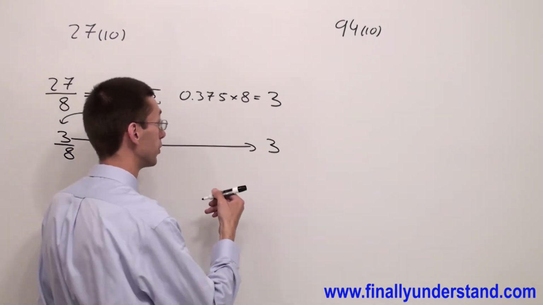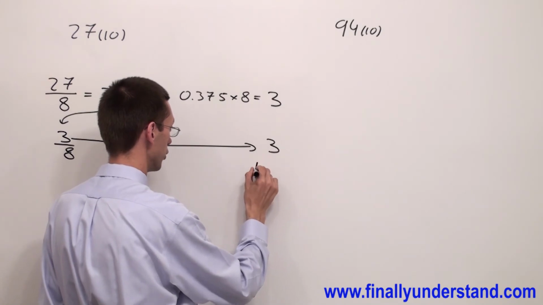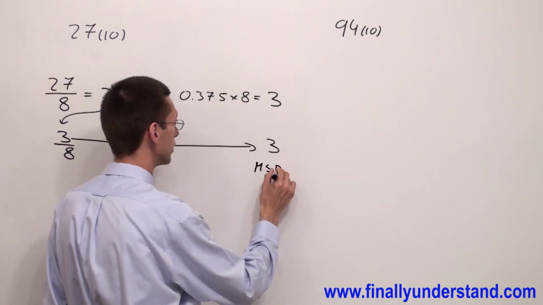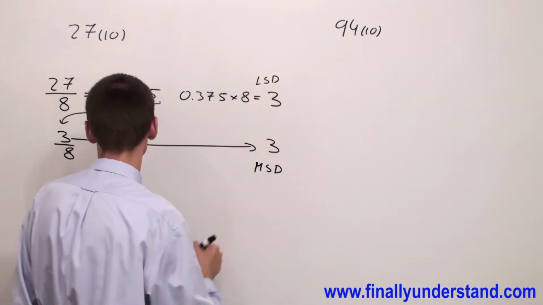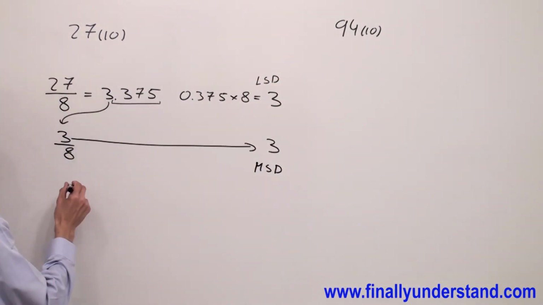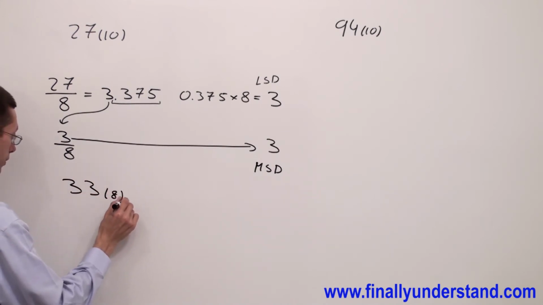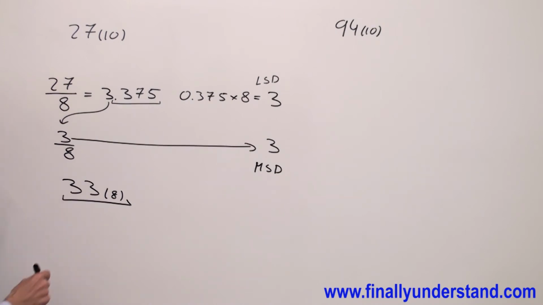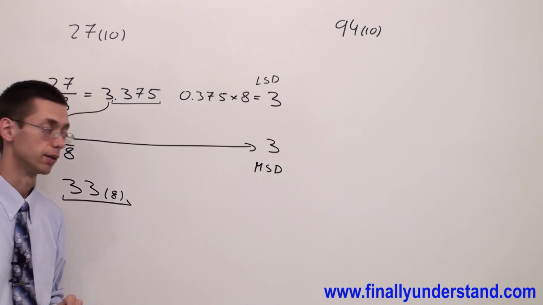Just keep in mind that the bottom digit is the most significant digit and the top one is the least significant digit. That's why your answer is 33 base 8. In other words, 27 base 10 is equivalent to 33 base 8.